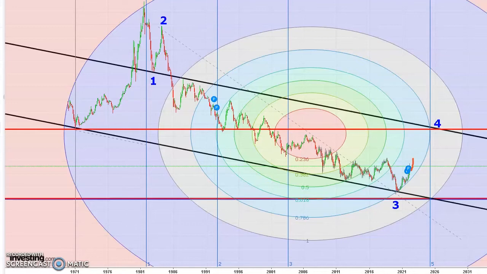It's possible it's going to come down here and touch this Fibonacci wave radial. And I think it's basically just going to crawl up this line all the way to the first part of 2025.